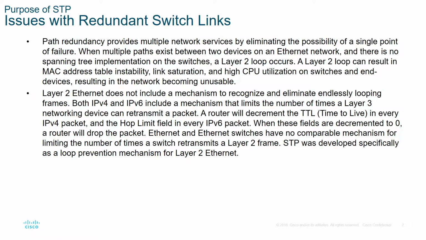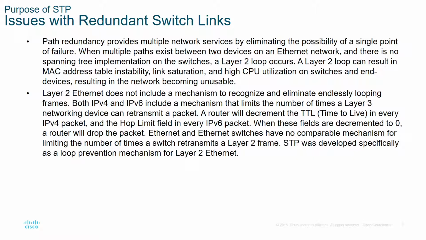So issues with redundant switch links. Path redundancy provides multiple network services by eliminating the possibility of a single point of failure. When multiple paths exist between 2 devices on an Ethernet network, and there is no spanning tree implementation on the switches, a layer 2 loop occurs.